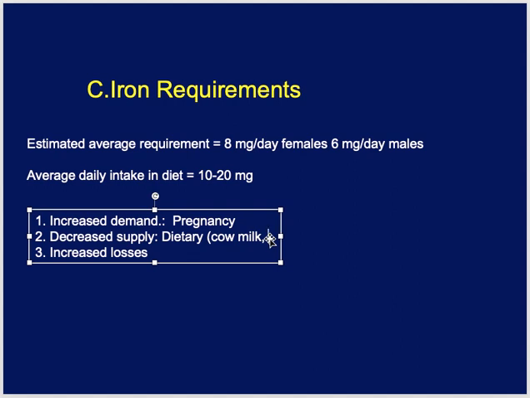Of course, there are different causes in the developing world as well as in the developed world. Decreased supply is simply either you are taking less in your diet, or whatever you are taking, you cannot absorb. In the developed world, this is usually not the case, because most people have access to a good diet.